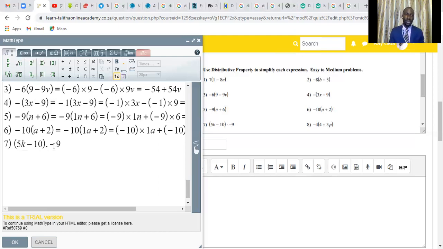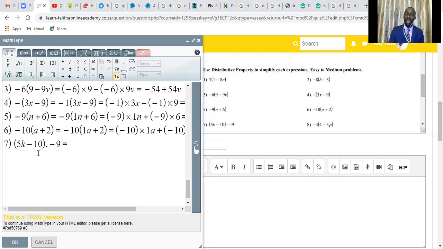Now notice that to simplify this, we have to distribute. Whether the quantity outside the bracket is on the left-hand side or right-hand side, the expansion remains the same. So that means this -9 must be distributed onto 5k here and also onto 10. And so what do we get?